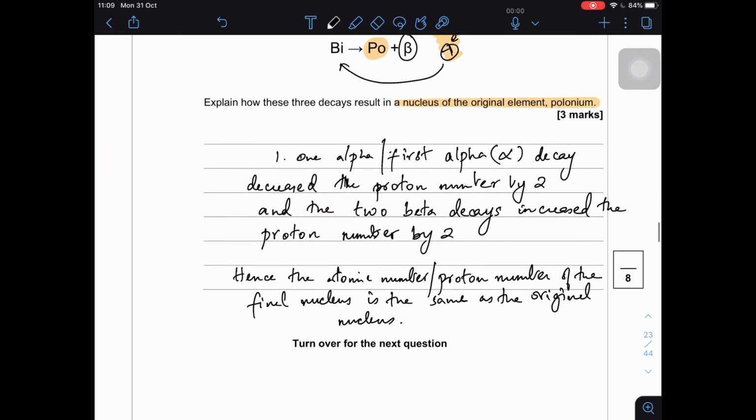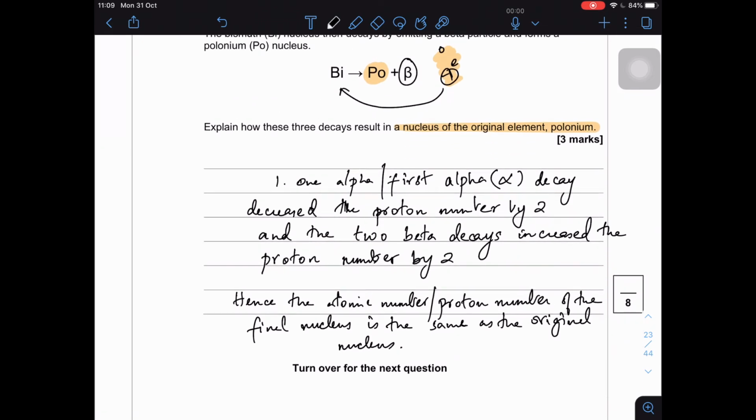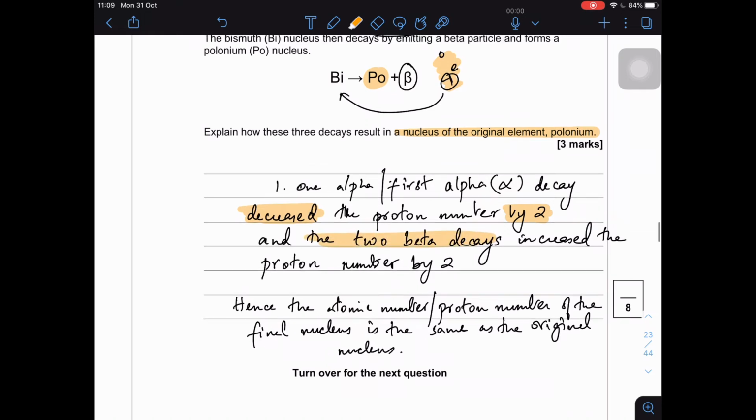All right, so the first alpha decay decreased the proton number by 2, and the two beta decays increased the proton number by 2.